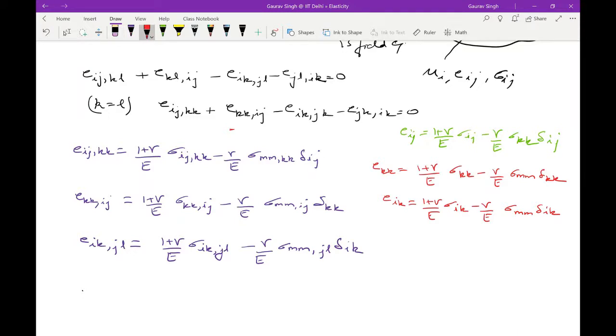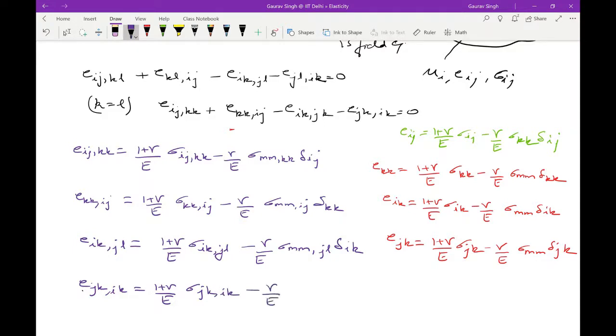Now let's look at the last term, which is Ejk. That would be (1 plus nu) by E sigma jk minus nu by E sigma mm delta jk. Now Ejk,ik would be (1 plus nu) by E sigma jk,ik minus nu by E sigma mm,ik delta jk.